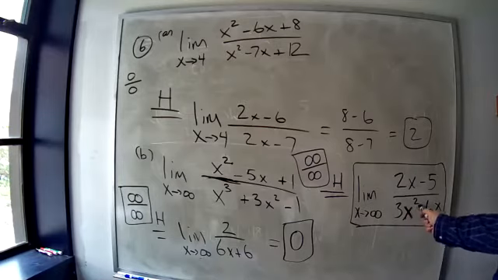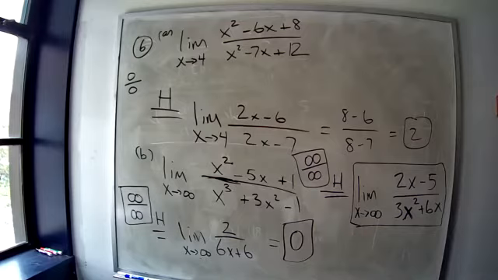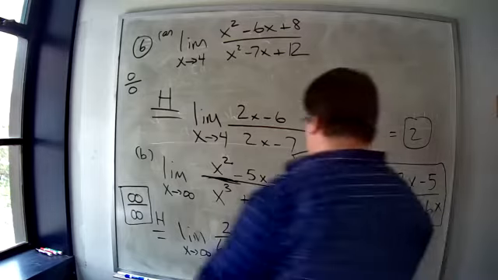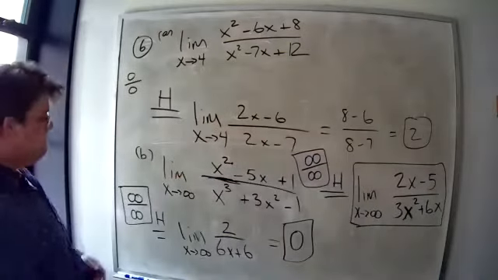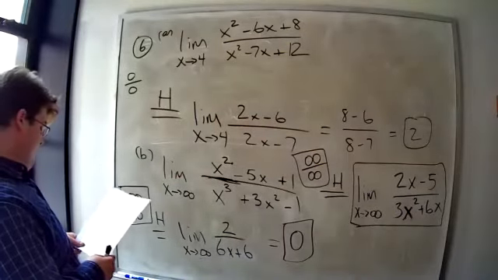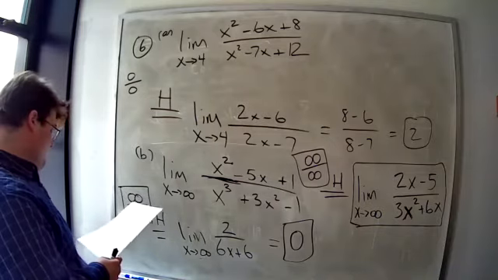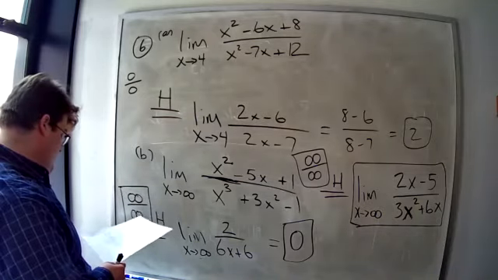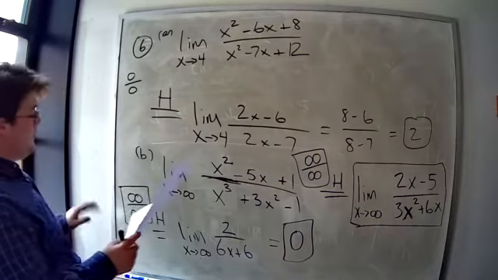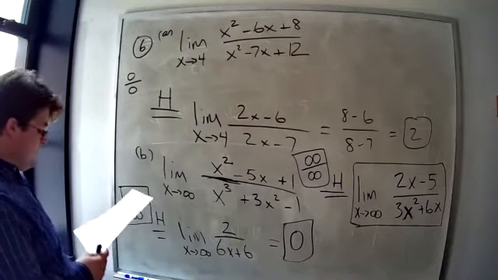Correct me if I'm wrong, but because of the exponent rule, where if it's bottom heavy, or if the bottom has the highest exponent, it goes to 0. So could I just skip that step, or did I technically not show all the work? So instead of doing the second, I know what you're asking. I'm debating what I should say.